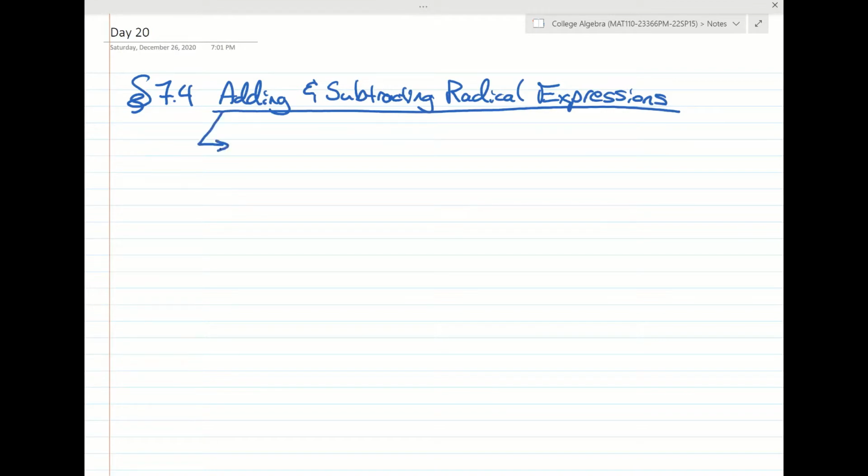I just wanted to give you the rules, which are brief. You can only add radicals if they are like terms.